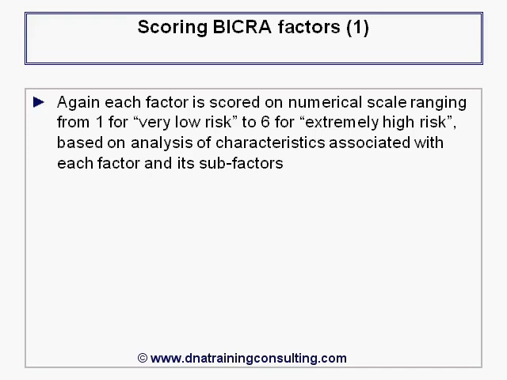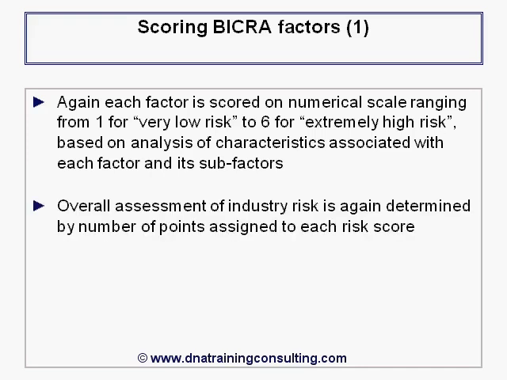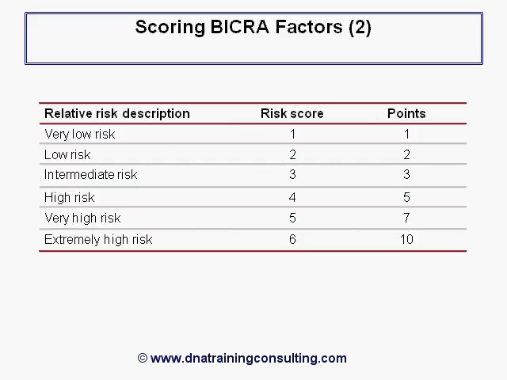The overall assessment of industry risk is again determined by the number of points assigned to each risk score, as shown on the table reappearing now, where you will recall the first three categories are assigned points equal to their risk score, while the remaining three categories are penalized in a gradually increasing manner.